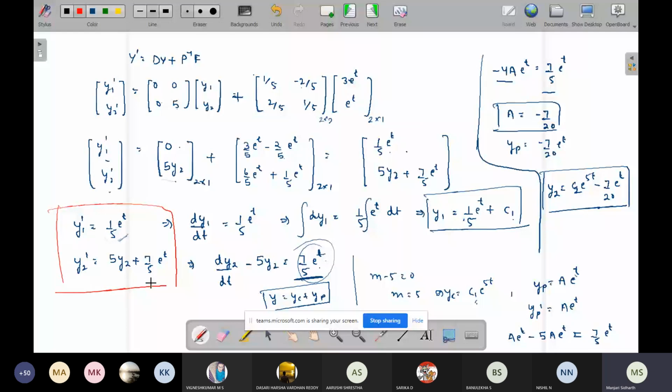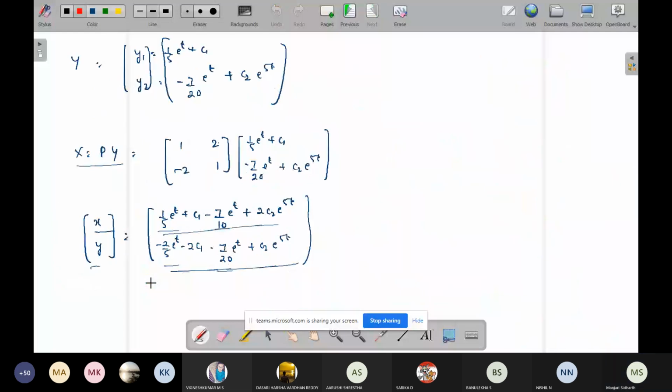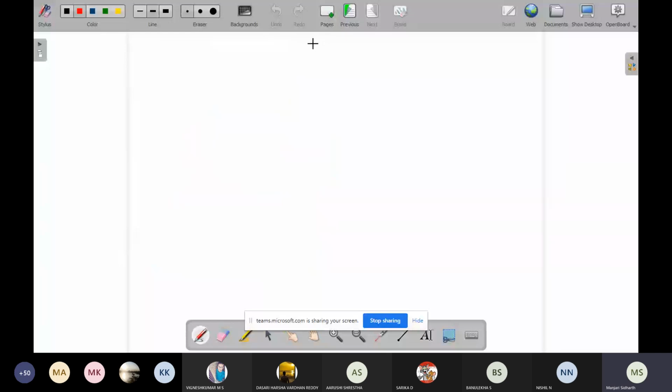One topic is left, and this is reduction of nth order differential equation to a linear system of first order differential equation.